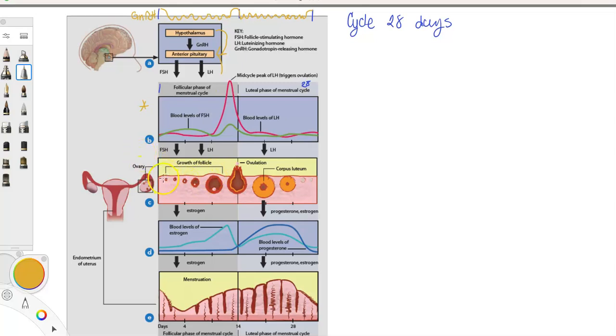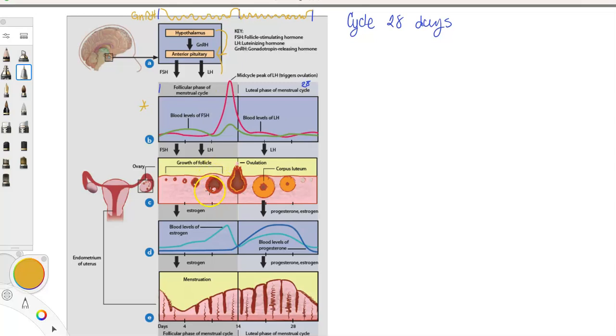So here's our follicle, and here's our primordial follicle with our primary oocyte, and we're starting our cycle. So we've got a little bit of FSH here, follicle stimulating hormone, and here we go. We're starting. Remember, we're stuck in prophase 1, and we're starting to continue that. So we go until we get to here.